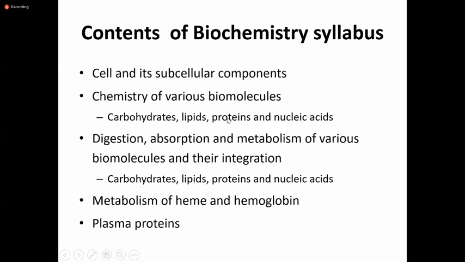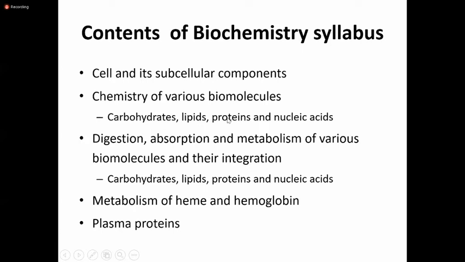How the different types of carbohydrates are digested, absorbed, and metabolized, and what their significance is. Here you are going to learn in depth about the metabolic part of various biomolecules, including carbohydrates, lipids, proteins, nucleic acids. Here you will get one more important topic, that is inborn errors of metabolism.